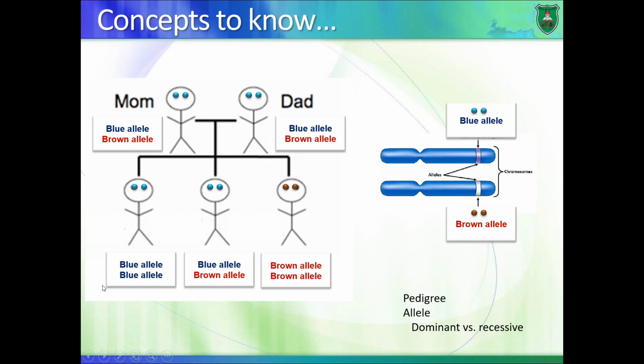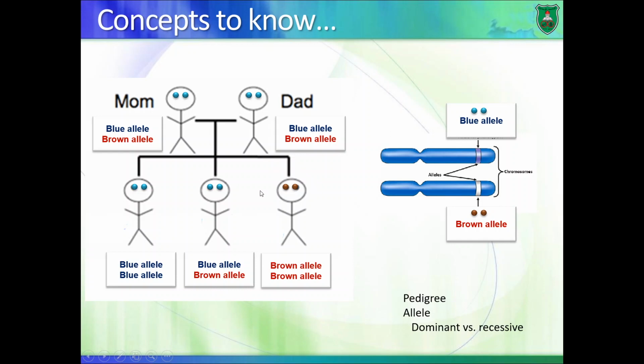Homo means identical or the same. Now if we look at the second child, this child also has blue eyes, but if we look at the alleles, this child has a blue eye color allele and a brown eye color allele, and we say that this child is heterozygous, just like the parents.